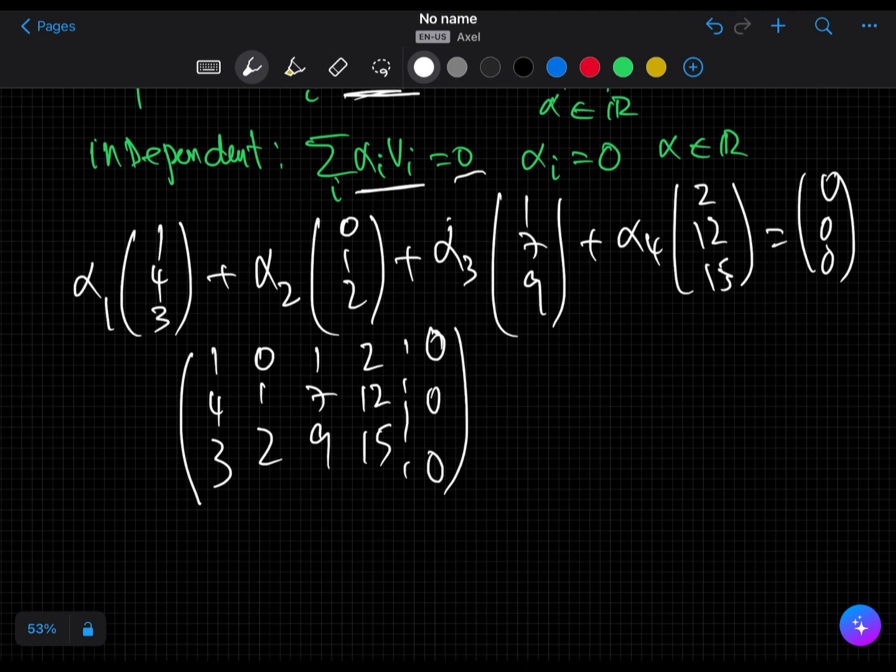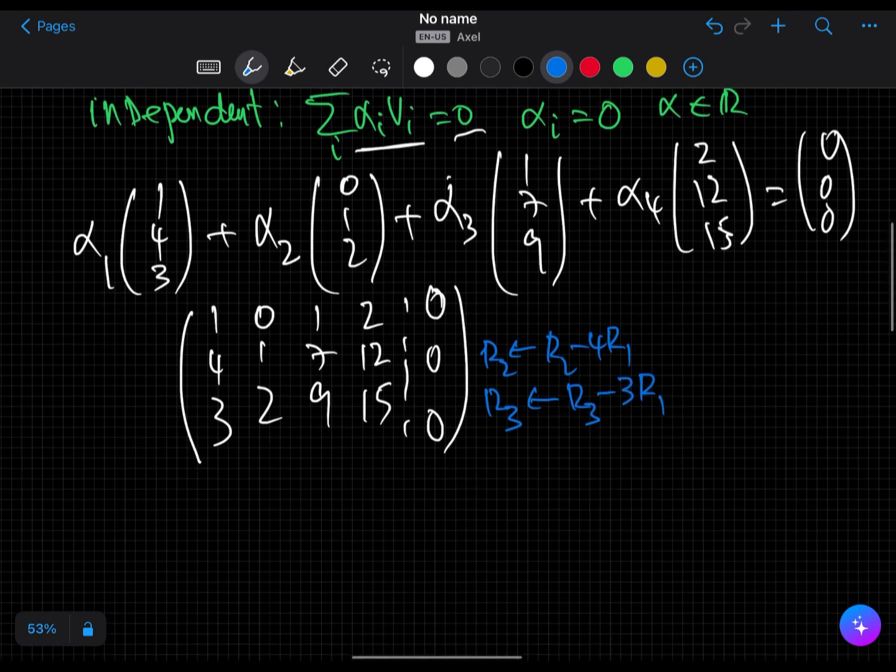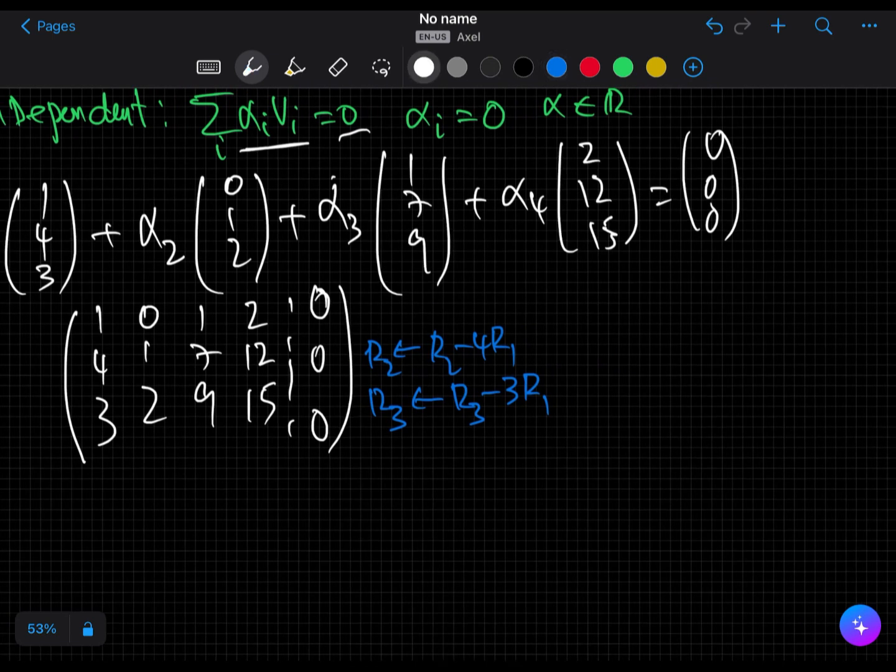Once we have written it this way, we can apply the Gauss reduction. We do R2 equal to R2 minus 4 R1, and R3 equal to R3 minus 3 R1.